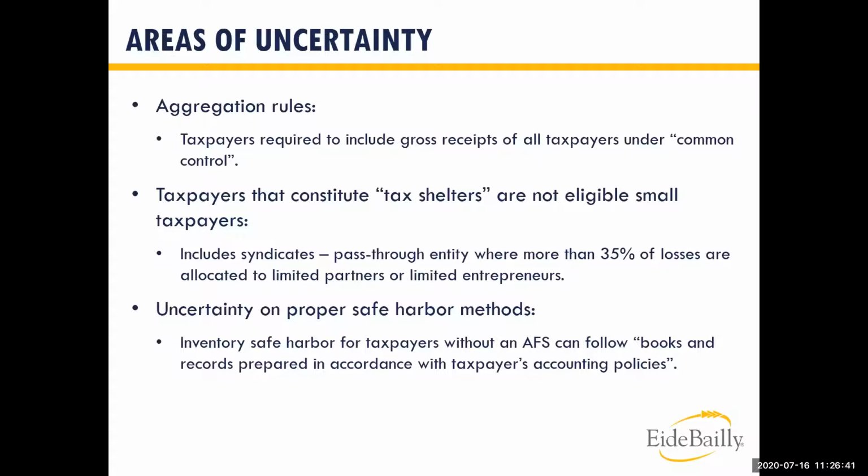Interestingly, some of the comments I have seen in the last few days indicate that the small taxpayer definition for purposes of these tests is the same as the small taxpayer definition for purposes of being exempt from 163(j). And there is a rumor that the 163(j) regulations that are nearing release have some language in them that will impact the application of some of these small taxpayer tests, specifically the tax shelter rules, perhaps some of the aggregation rules, what gross receipts need to be included.